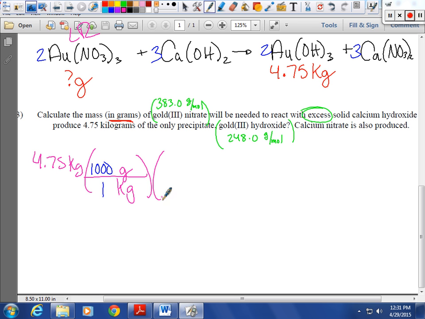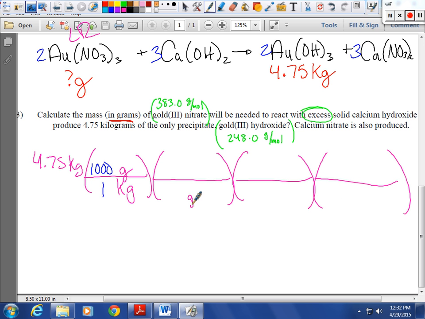So now we're just going to continue like we always do. But we're going from what unit to what unit? Gram to gram. So now I'm going to go ahead and plug all those in. So I've got grams of, where do we start? AuOH3. I promise I'll get out of the way in just a second. I've got both of the masses up here.